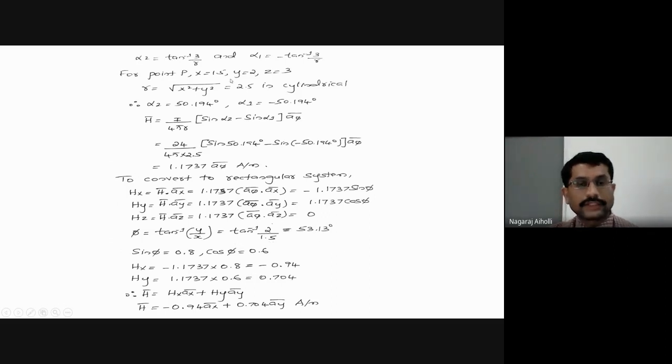Okay. Note down up till this step. To convert to rectangular, hx, hy, hz, and then angle phi. Note down quickly.